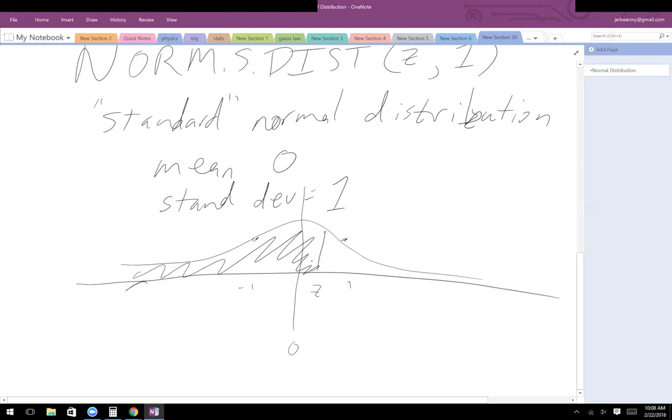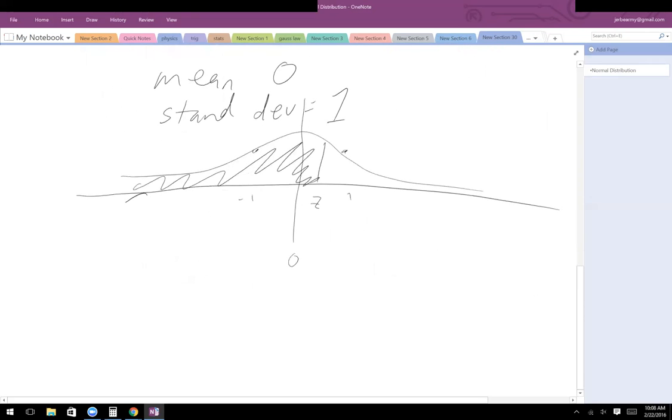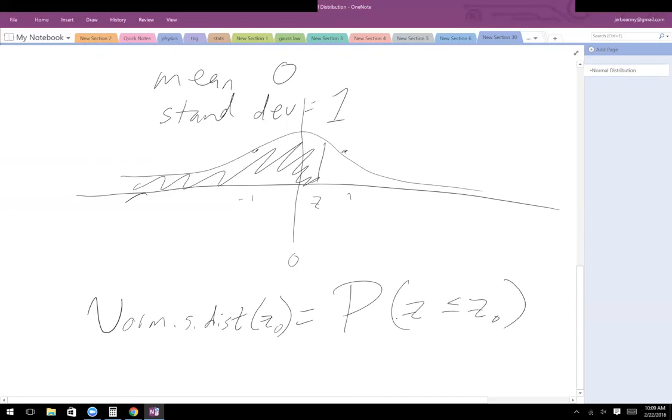So NORM.S.DIST of z tells me the probability that the number I'm wanting is to the left, so less than z0.